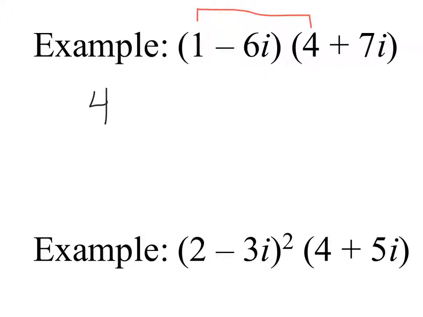Then we're going to do our outside times outside, which would be 1 times 7i. So I'm going to put a plus 7i. Then I'm going to do my inside. Inside times inside would be negative 6i times 4, which will give me negative 24i.